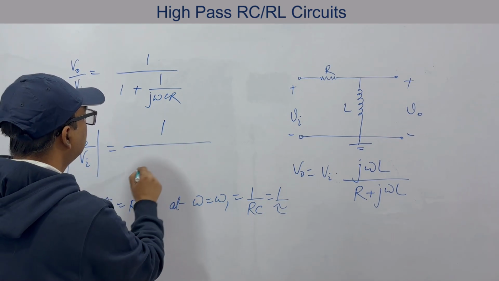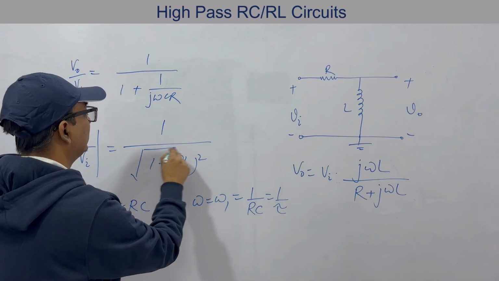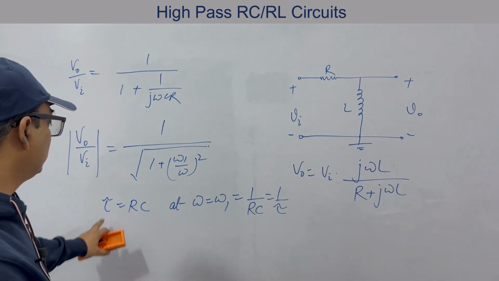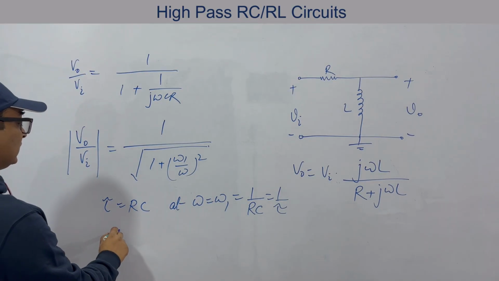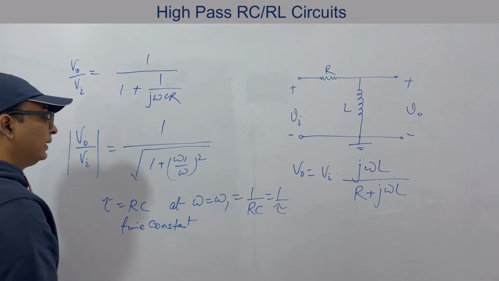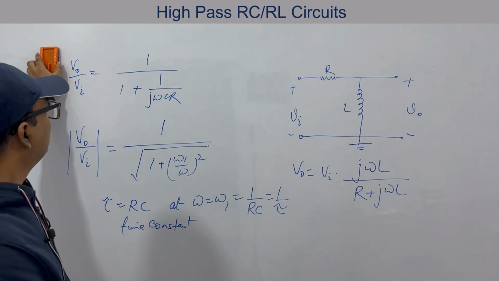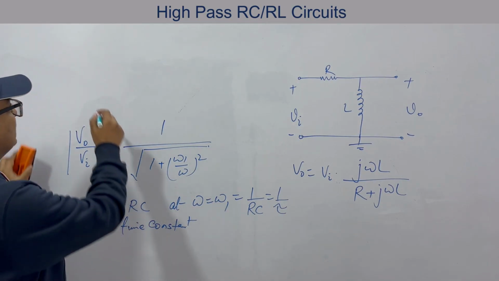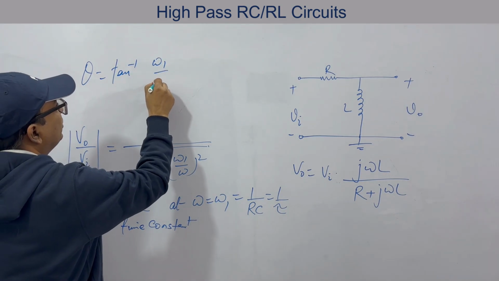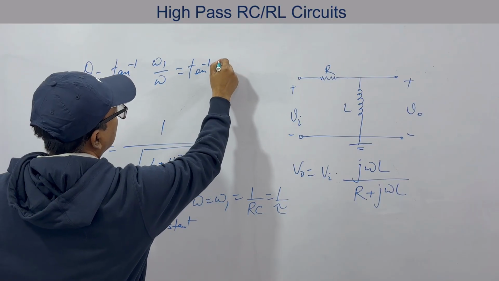This will become 1 plus omega 1 by omega square, where omega 1 is 1 by RC, that is 1 by tau. Tau is RC, that is the time constant of the circuit. Okay, and this is your modulus, that is a value. If you want to know what is theta, theta will be equal to tan inverse omega 1 by omega, that is equal to tan inverse, just opposite of this, that is t by tau.